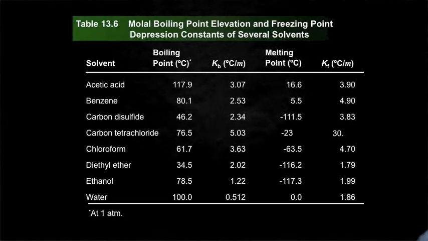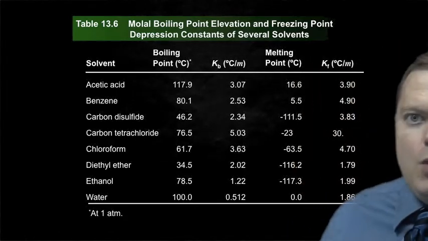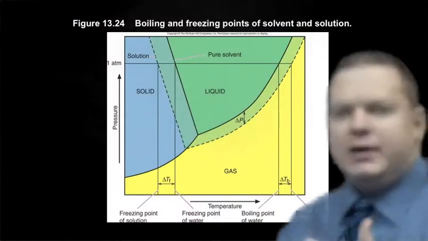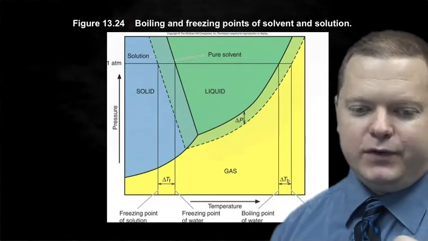And we can see that they vary widely. Again, these are constants, so you'll either be given them or you'll have to solve for them. But in general, we're always going to get boiling point elevation and freezing point depression.